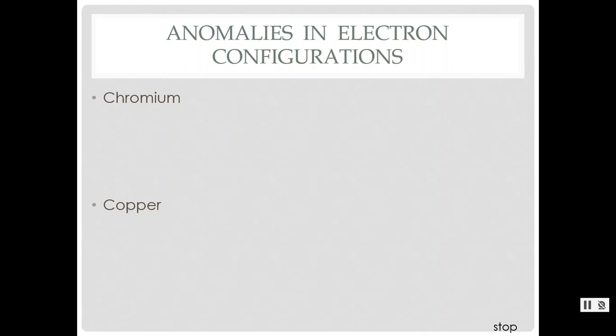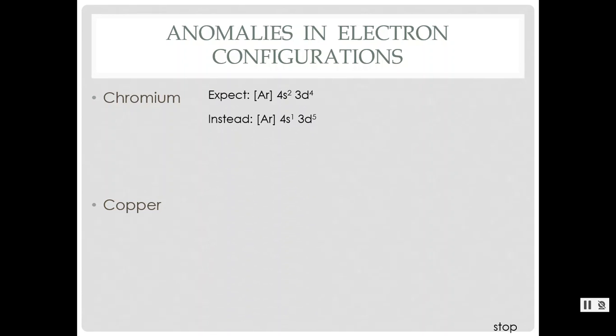But let's say I was to ask you to give me the condensed electron configuration for chromium. Well, based off of all of the rules that we've talked about so far, you would say that that condensed electron configuration, the closest previous noble gas, is argon, 4s2, 3d4.